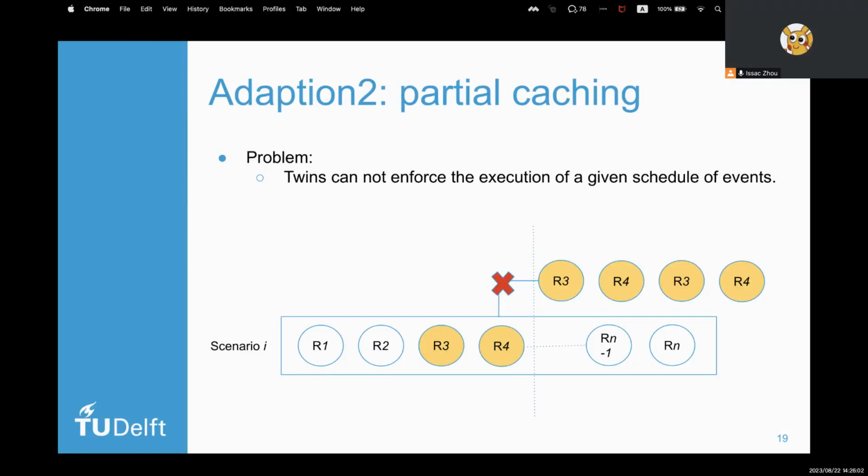It can't generate more scenarios on the fly. So we can't dynamically enforce the execution of a given cycle, for example, R3 to R4, to check whether this lasso can be replayed.